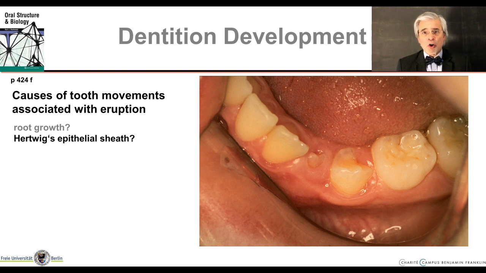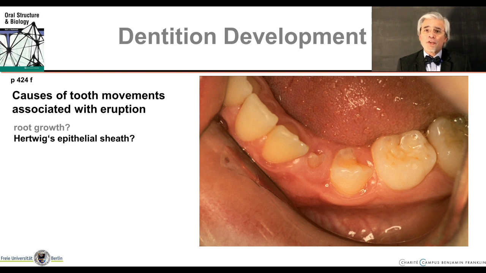And then the argument that it could push the tooth towards the oral cavity is this way also not true. However, this has still been tested experimentally. Teeth with completely removed Hertwig's epithelial sheaths, again in the experiment with beagle dogs, did all the way erupt. So it is not that one either.